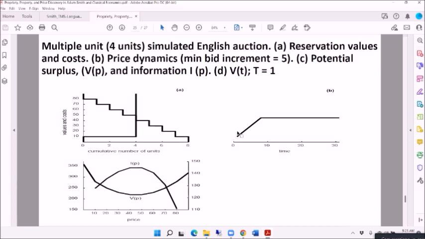And here's the progression over time. Here's the V of P function, piecewise linear because of these steps, reaching a minimum here between 40 and 50. And here's the Shannon measure of information, piecewise linear, rising to a maximum between 40 and 50.